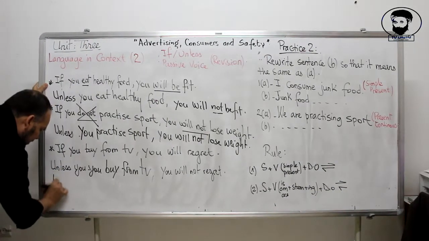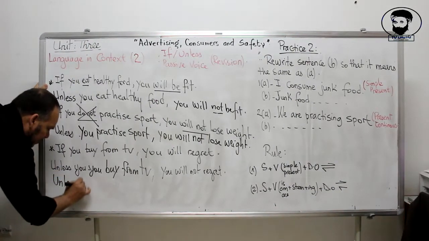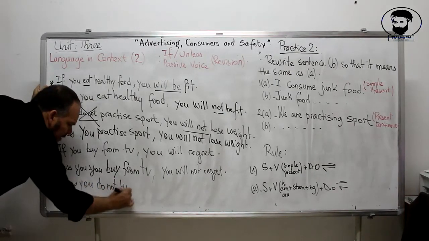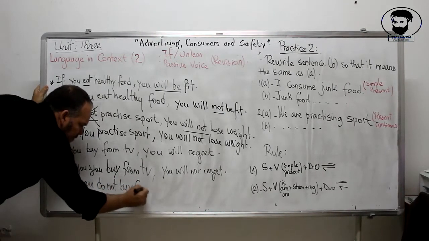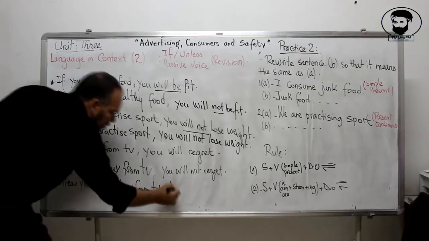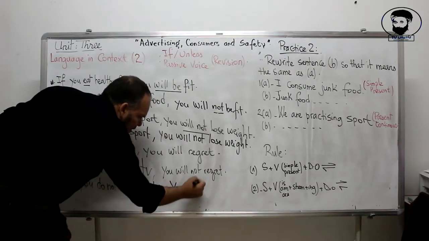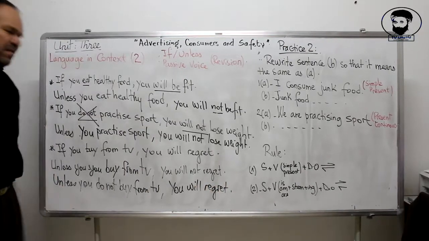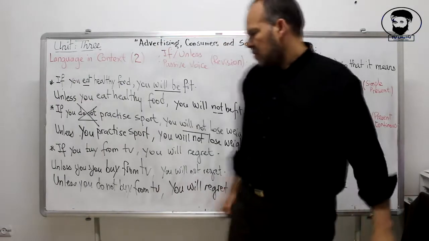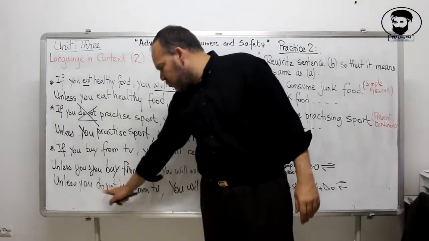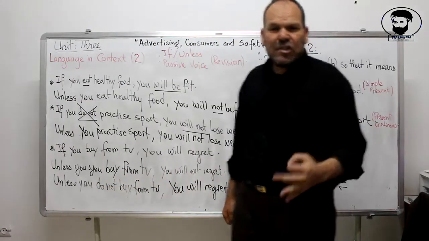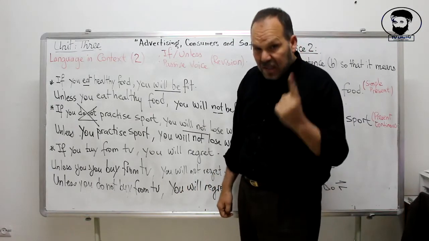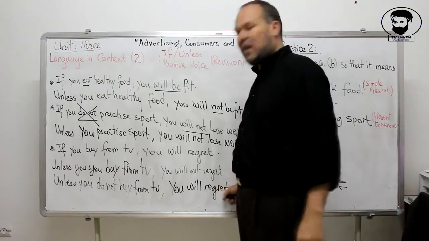Look, unless you do not buy from TV, you will regret. Unless you do not buy from TV, with the condition that you stay away from the ads of television, you will regret.